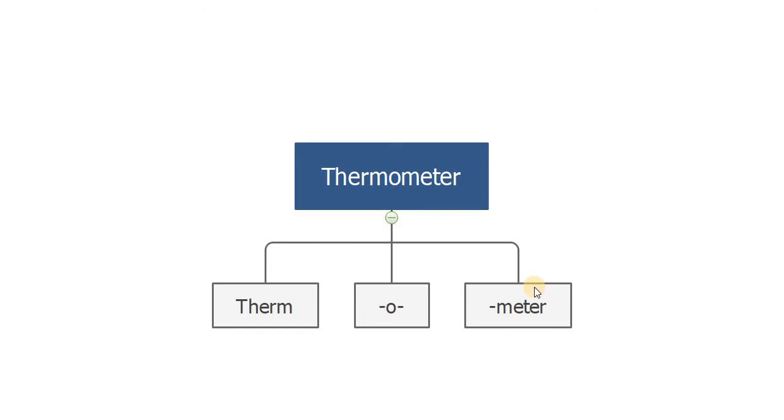That is, meter is used to measure something. It's a unit of measure. So, this is one of those examples that you can quote. And this word comes from Greek, hence it has got a stem formative.